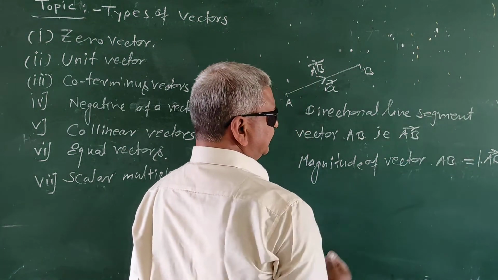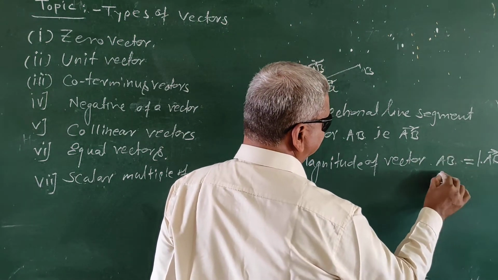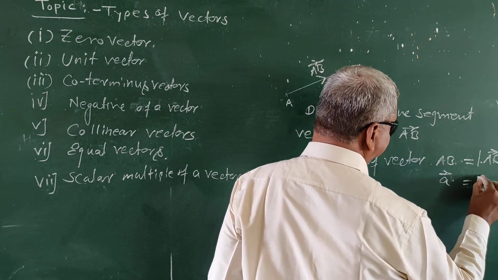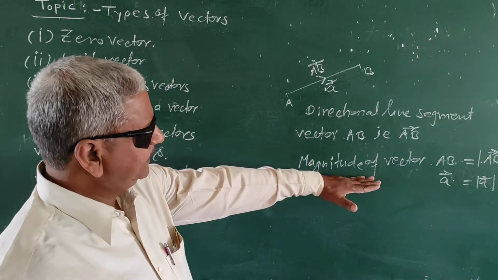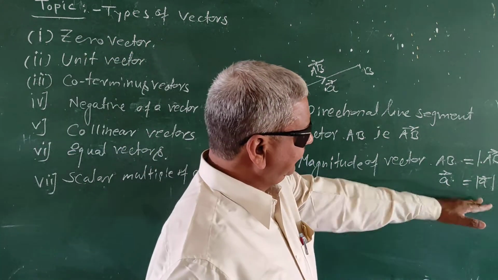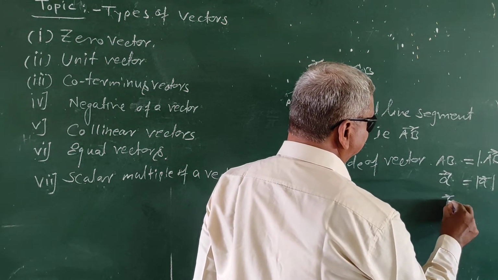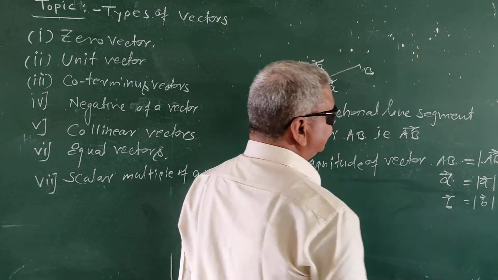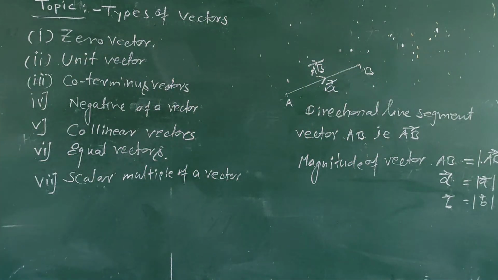If you want to express it by a bar, vector a bar, its magnitude will be mod of a bar, read as mod of a bar. So in this way we can write the magnitude of any vector. If you want the vector b bar, then we can write the magnitude of b bar as mod of b bar. So in this way this vector can be defined, its magnitude can be taken.